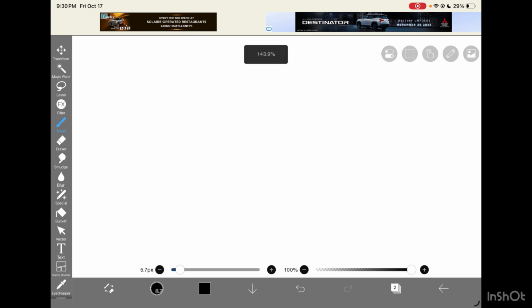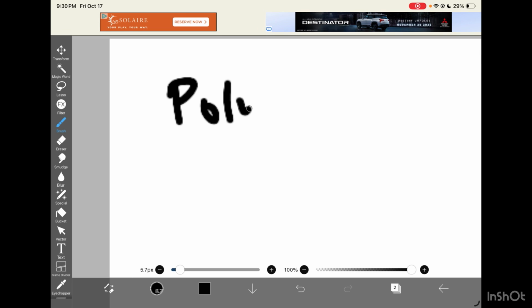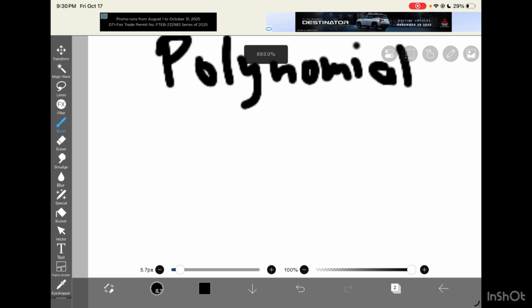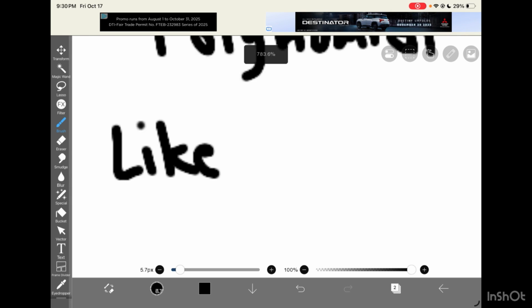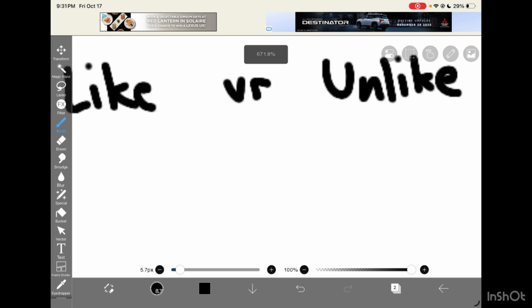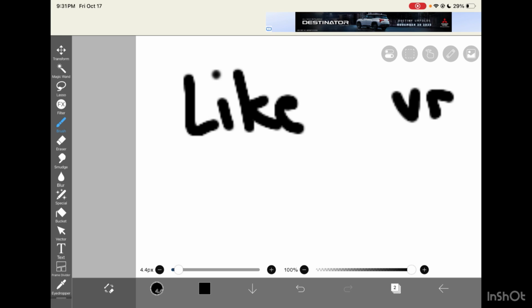So let's start with the basics of polynomials. First and foremost, let's start with like and unlike terms. Like terms are terms that have the same variables and the same exponent values.